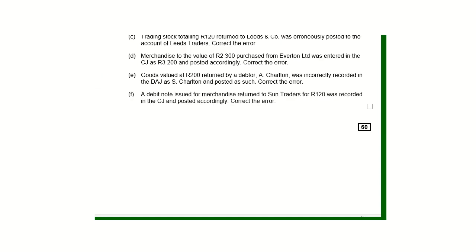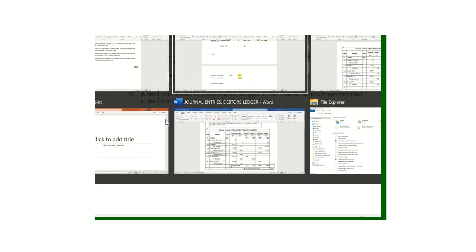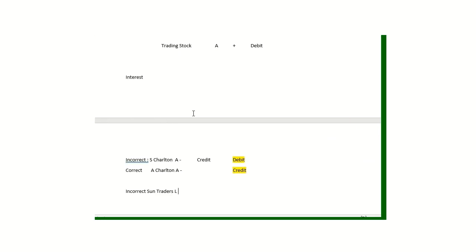But what did we actually do? We put it on a CJ. In a CJ, it means it's like goods purchased. In other words, we increase the creditor. So we increased the liability, and to increase the liability means we credited the account. But it should not be a credit, it should be a debit. We should have made it less.